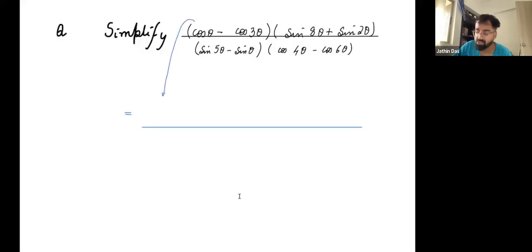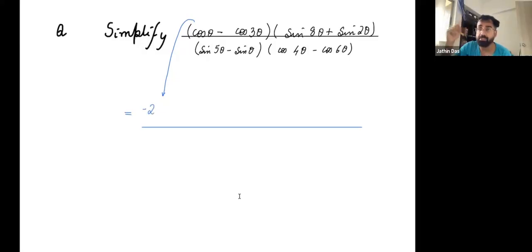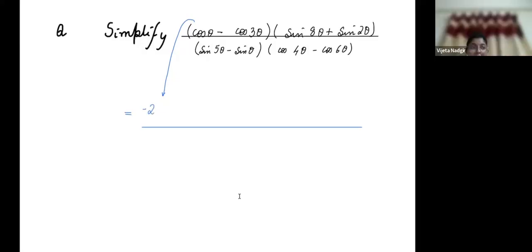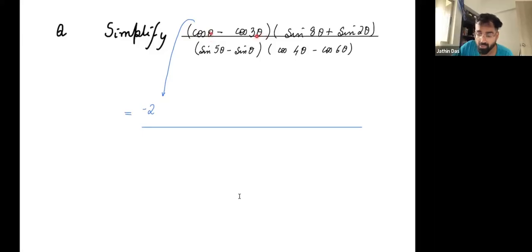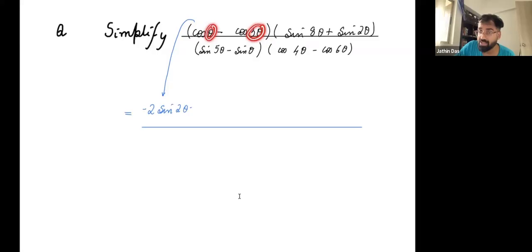Okay, you tell me orally this one. Cos C minus cos D: minus 2, sin C plus D by 2, sin C minus D by 2. What is C plus D by 2? Theta plus 3 theta, 4 theta by 2. So sin 2 theta. Then sin of theta minus 3 theta by 2, theta. But you're getting a negative. That's why I'm telling: here D is bigger. So what will I do?